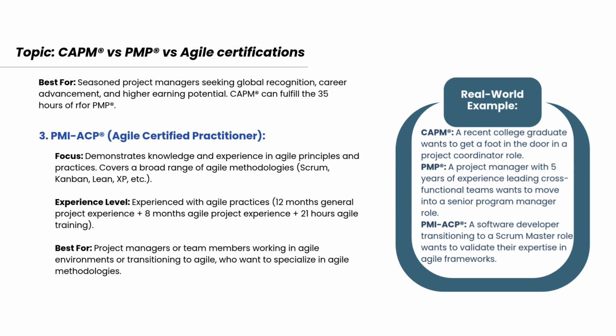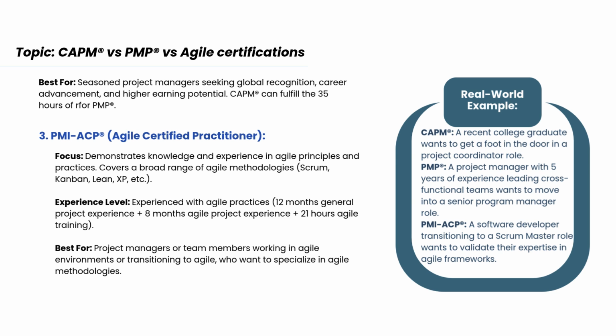Experience level. To be eligible, you need 12 months of general project experience, 8 months of Agile project experience, 21 hours of Agile training. Best for. Ideal for project managers or team members who are already working in Agile environments or plan to transition to Agile roles and want formal recognition of their expertise.